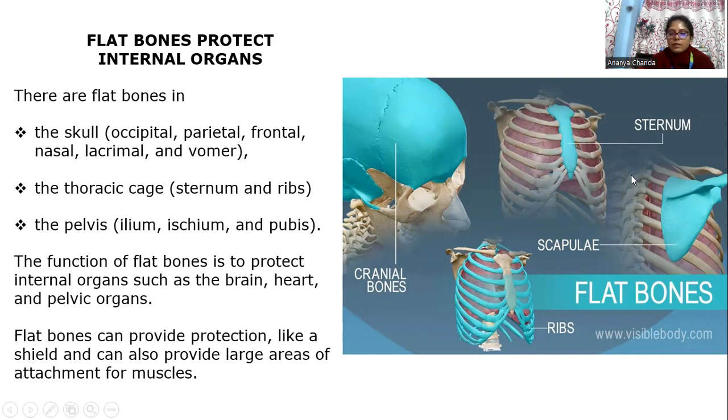Next is the pelvis, which contains the ilium, ischium and pubis. The function of the flat bones is to protect internal organs such as the brain, heart and pelvic organs. Flat bones help in protection, have a shell-like structure, and provide large areas of attachment for the bones.